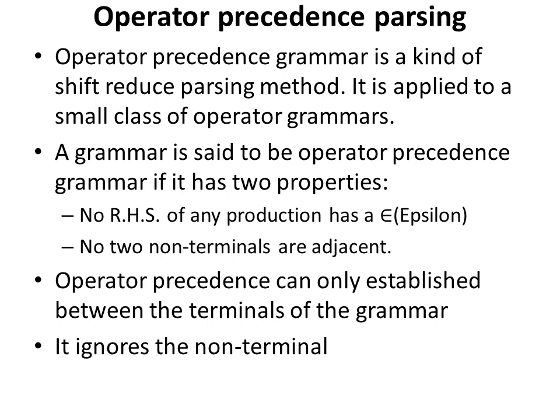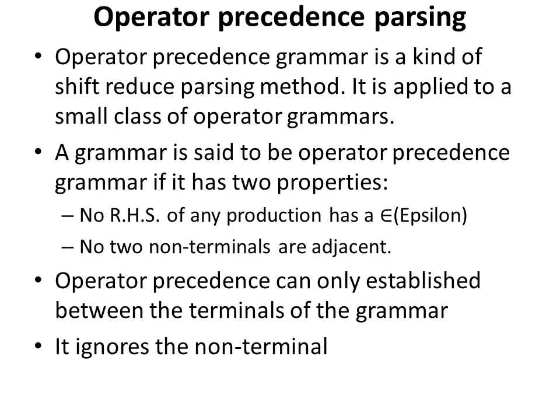A grammar is said to be an operator precedence grammar if it has two properties. Number one, no right hand side of any production has an epsilon. So in the right hand side of the production there should not be any epsilon.